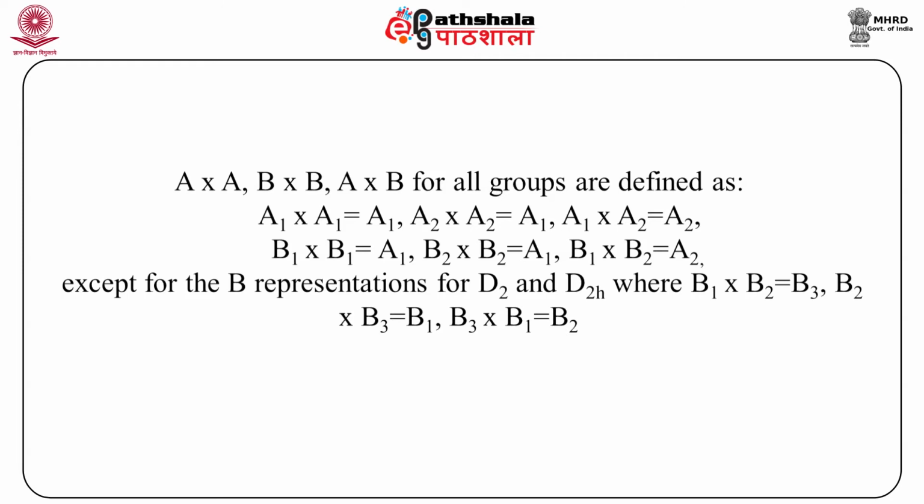B1 into B1 is A1, B2 into B2 is A1, B1 into B2 is A2. Except for the B representations for D2 and D2h, where B1 B2 is equal to B3, B2 B3 is equal to B1, B3 B1 is equal to B2.